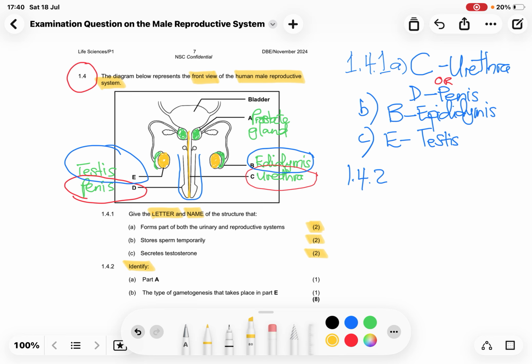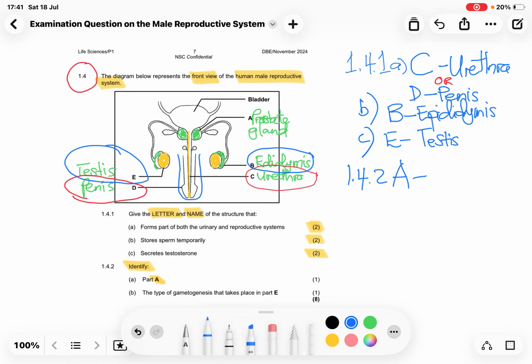In this case, you are identifying part A. So you are simply providing the knowledge that you have about the male reproductive system, which is just simple recall in this case. So the part that we are looking at now is part A. So we're gonna write A here. That's how you answer. Then you identify that part.